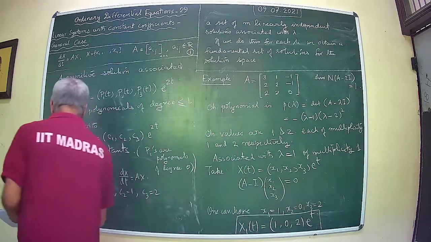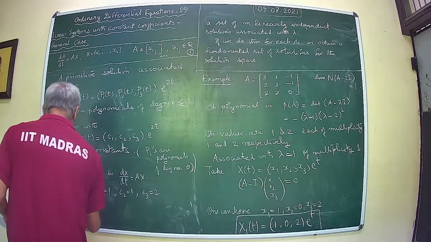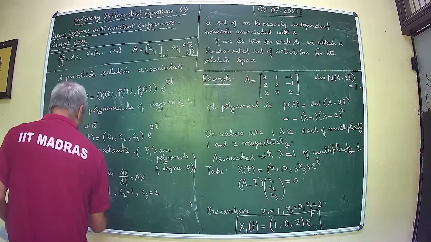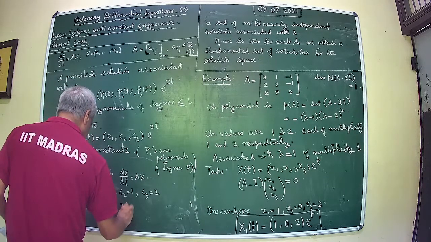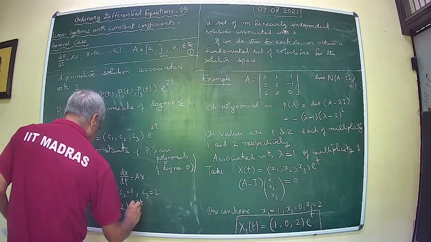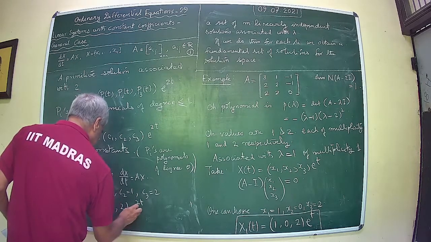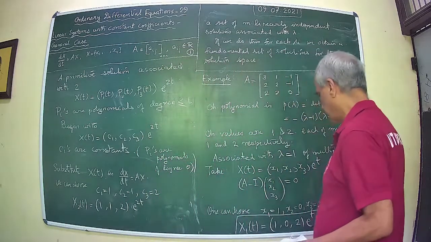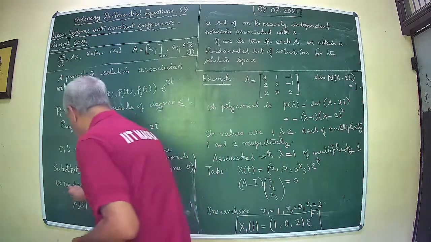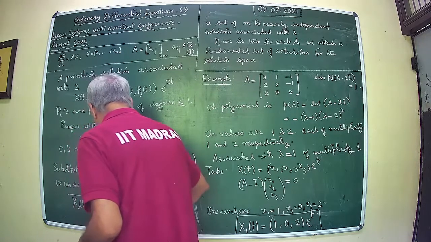We take x2(t) as (1, 1, 2) e to the power 2t. So we have x1 here, x2 here.